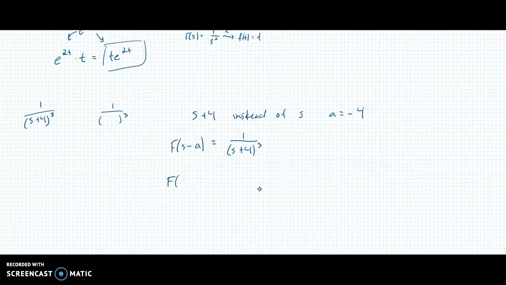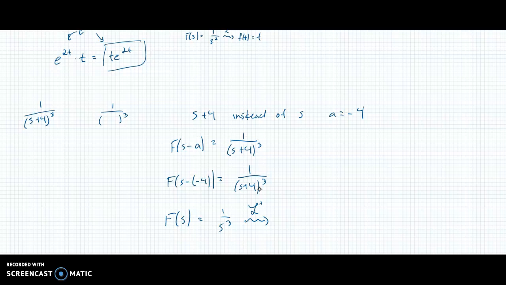That means f of s minus 4, or plus 4. Maybe I should write it like this: s minus a negative 4 is equal to 1 over s plus 4 cubed, right? So what is f of s? If I get rid of the minus a negative 4, I get 1 over s cubed. Well, what would that inverse Laplace to?